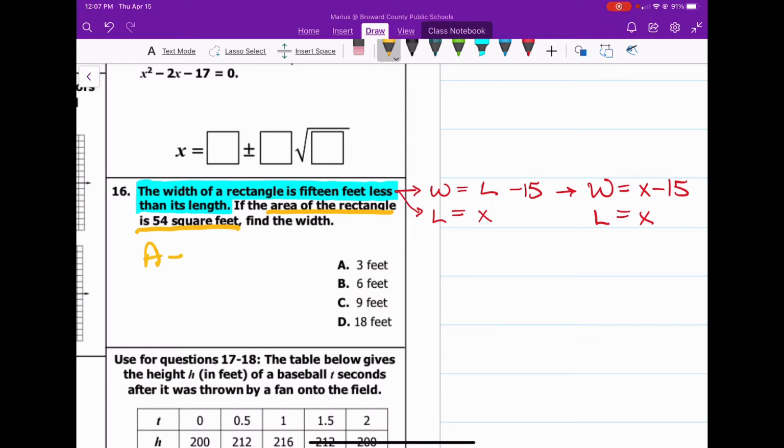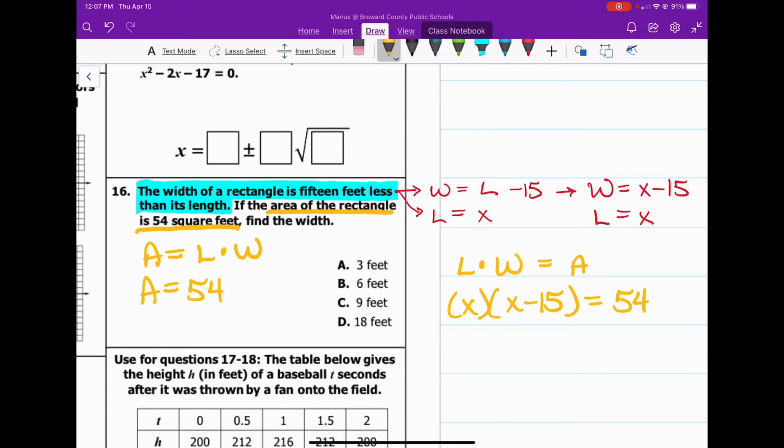Well, area of a rectangle is length times width, and they're telling us that the area is equal to 54. So length times width equals area: the length is X, the width is X minus 15, and it's equal to 54, okay?